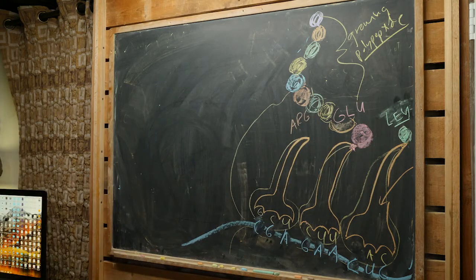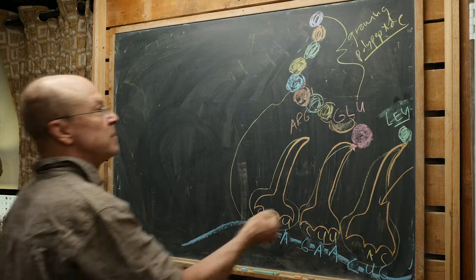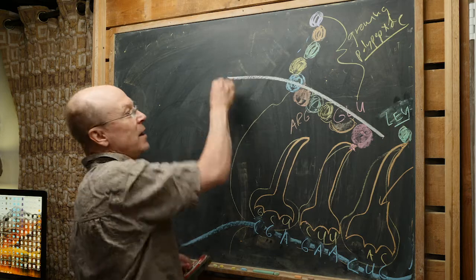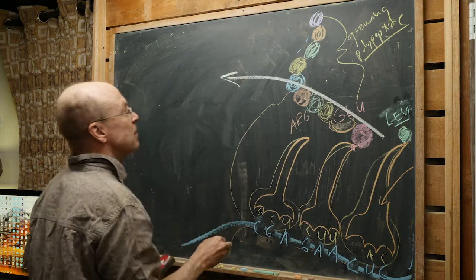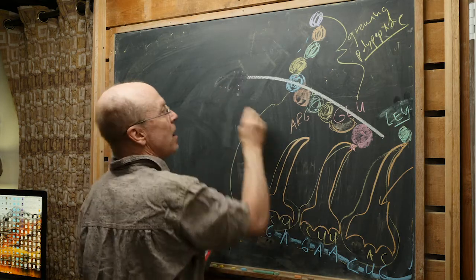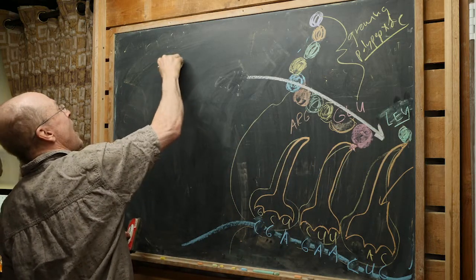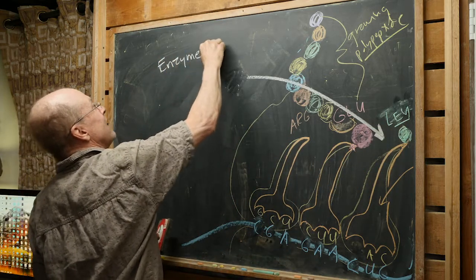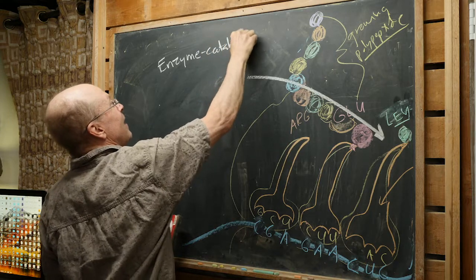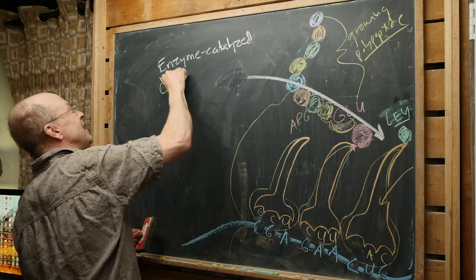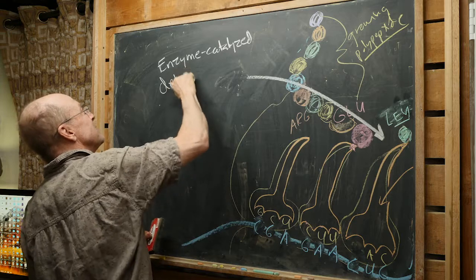Boy, I need some punch. Maybe I should just grab a little tiny piece of white chalk. So right here is a process. What's working right here, or actually I should change the arrowhead, is an enzyme catalyzed dehydration synthesis.